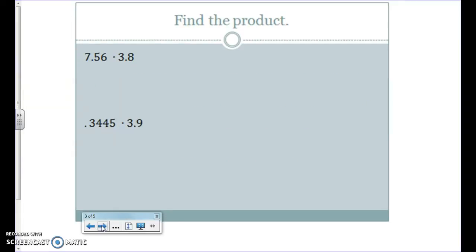Okay, and I just want to point out as well that this sign for multiplication is going to be very confusing soon because we're going to start throwing variables into our problems, and you're not going to be sure if it's the letter x, a variable, or a multiplication sign.